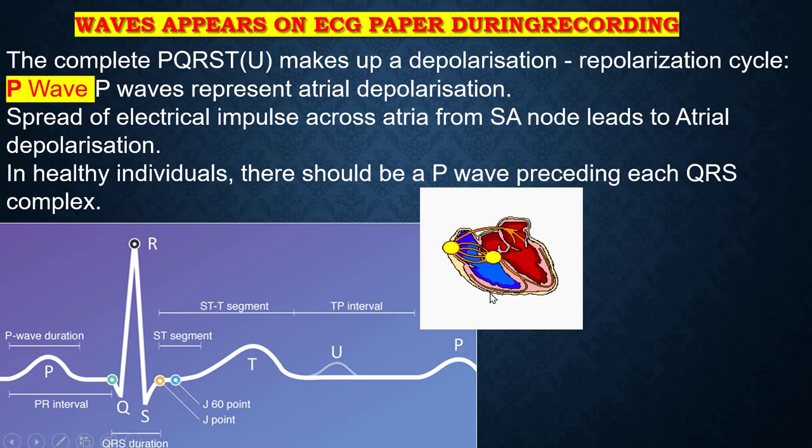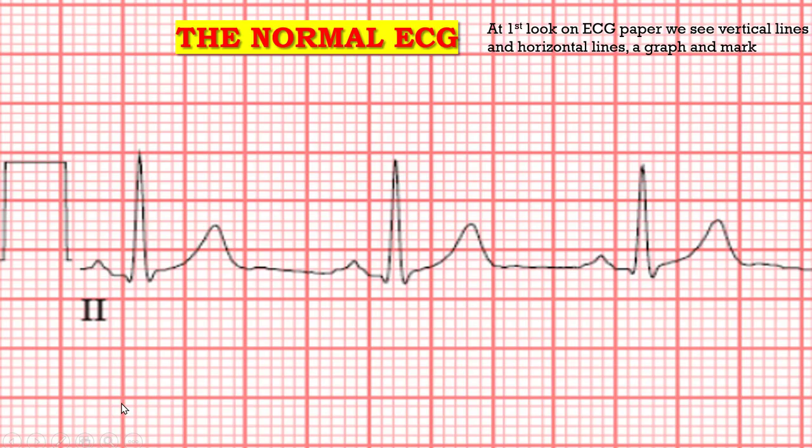In a healthy individual, there should be a P wave preceding the QRS complex. The P wave is followed by the QRS complex. This is ECG paper which contains the graph, the heavier lines and the lighter lines, and the small squares between the heavier lines, and the ECG recording.